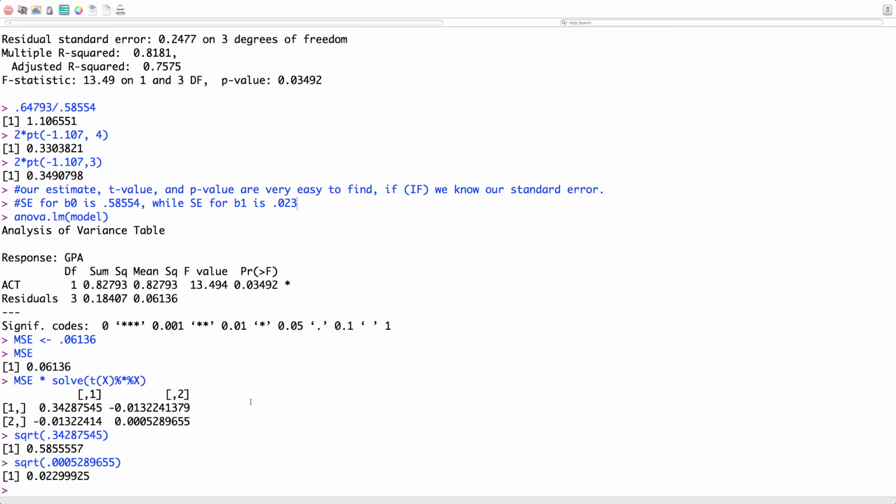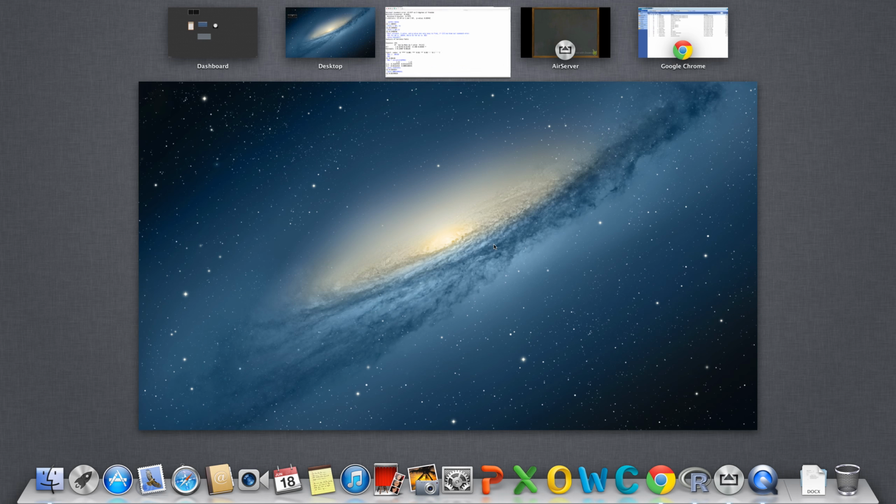So the variance covariance matrix that we saw in the previous chalkboard, this is where we get our standard errors. So it's really helpful. Actually, it's more than helpful. It's influential in finding the standard error, I mean, in finding the test statistic and the p-value.